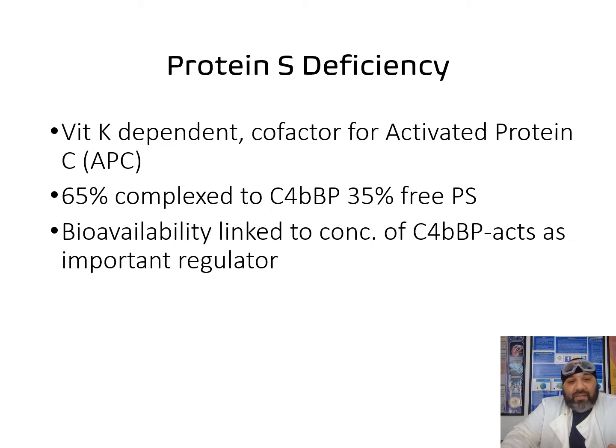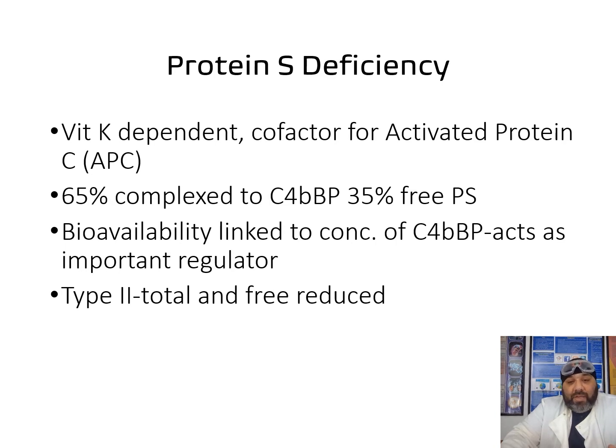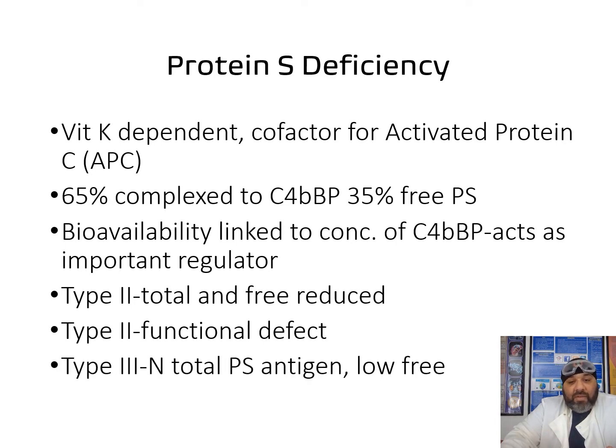C4BBP acts as an important regulator, and in type 2, total and free is reduced, and type 2 functional can have a defect, and in type 3, total protein S can act as an antigen, and is generally low and free, in the context of physiology.